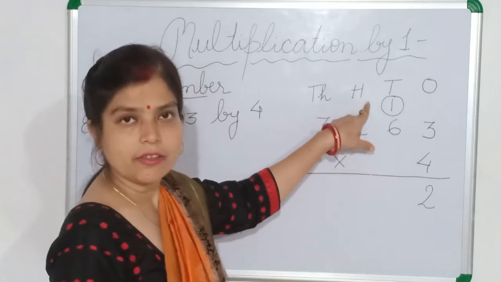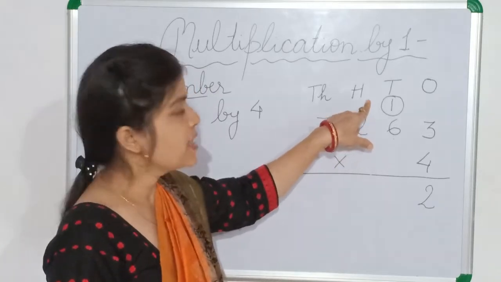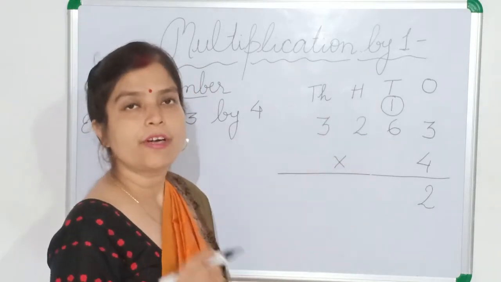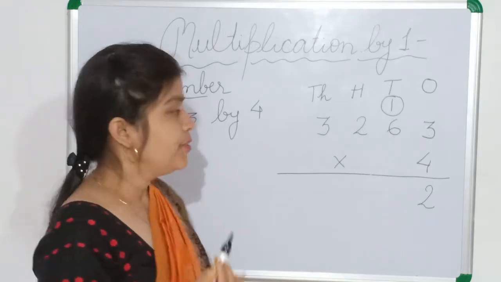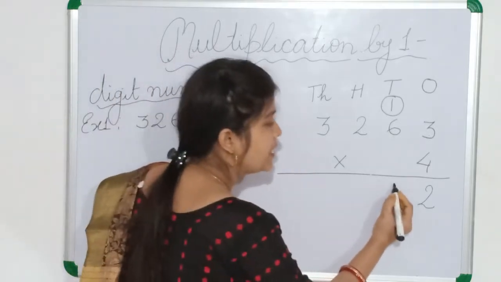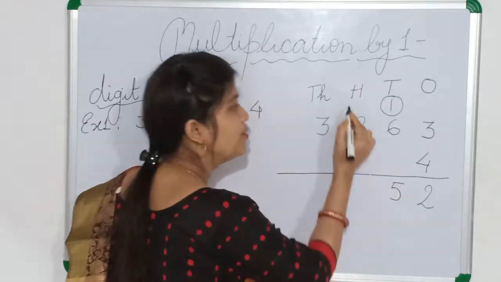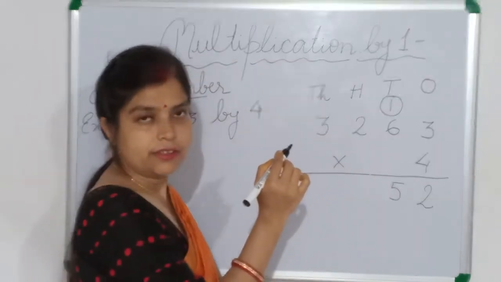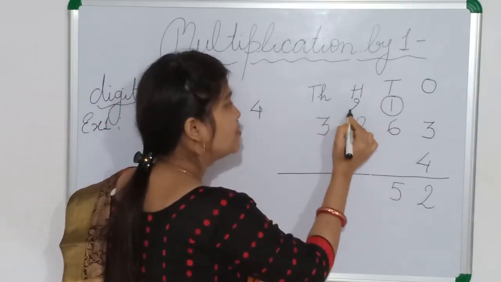Already there is 1 tens also. So 24 tens plus 1 tens will be 25 tens. 25 tens means 5 tens and 200. So I will carry this 2 over here.